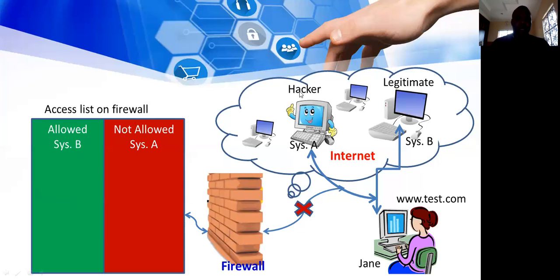And then such a system will be blocked, and that is the purpose of what we call a firewall. So as we move on, we'll know more about firewalls. But on a general note, that is the essence of having a firewall on our network or our system.